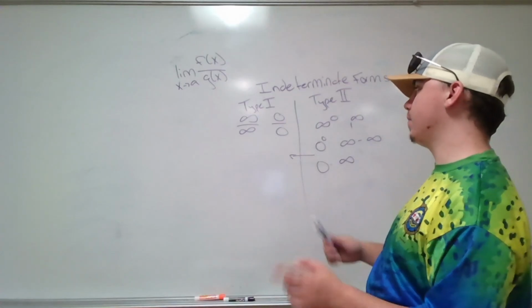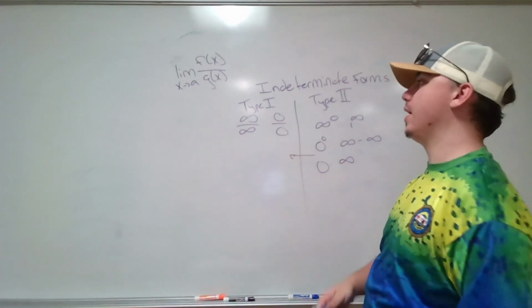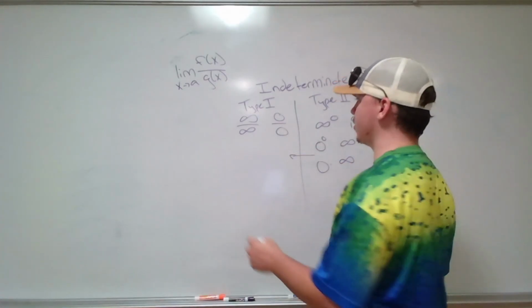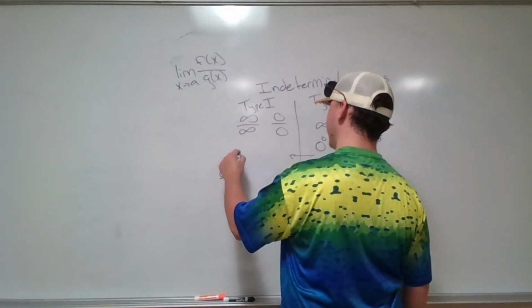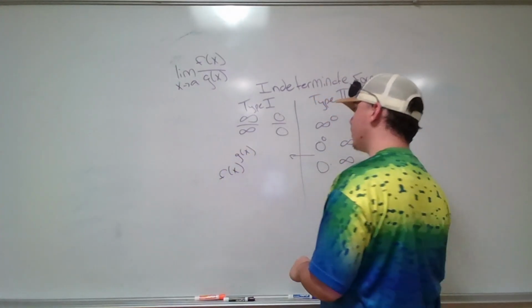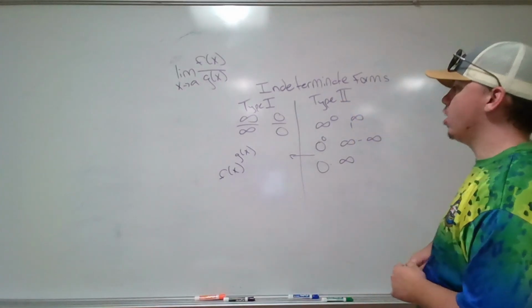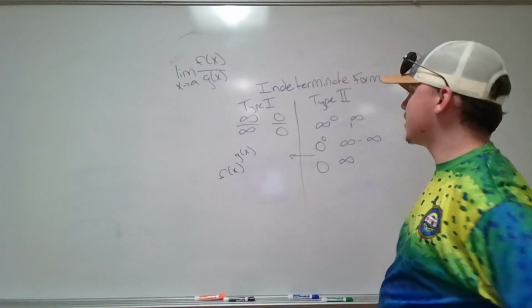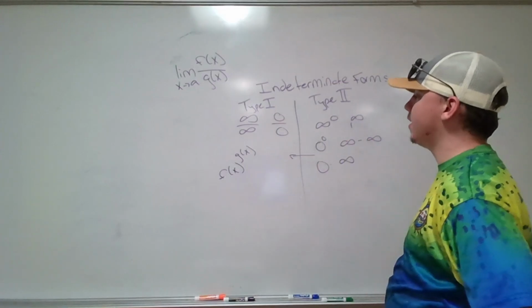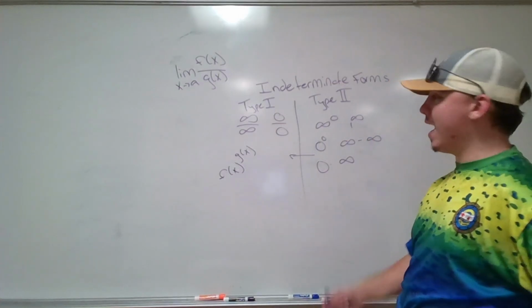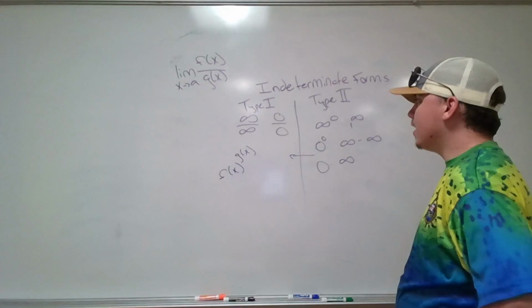So you can also have f of x over g of x, where f of x goes to, I don't know, 1, but g of x goes to infinity, which means we have an indeterminate on our hands.